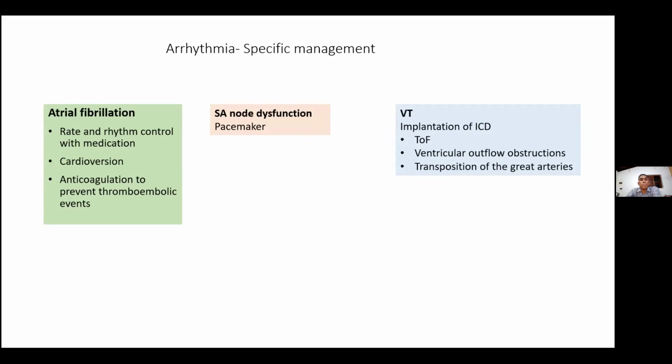Specific management of some main arrhythmias. If it is atrial fibrillation, you control the rate and do cardioversion. In adults, the main thing is anticoagulation, because they are very high risk patients for stroke if not converted.